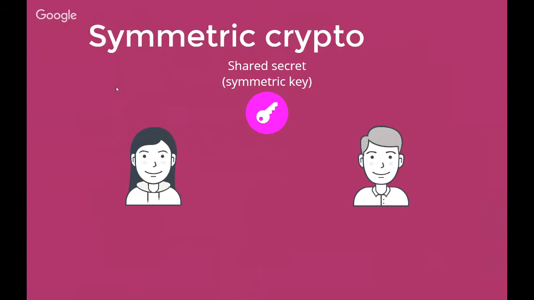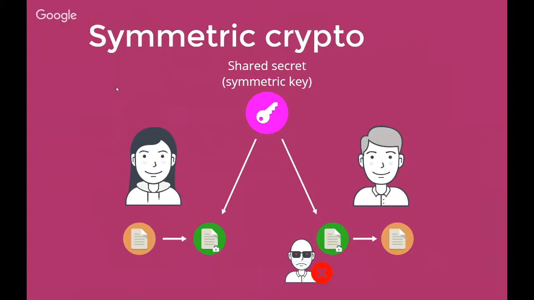So let's say Alice and Bob have met and they said, okay, the shared secret will be 1, 2, 3, 4. Then Alice can take some cleartext data and use this key to encrypt it. And then she will transfer the encrypted data to Bob.